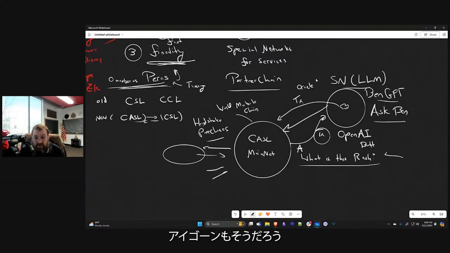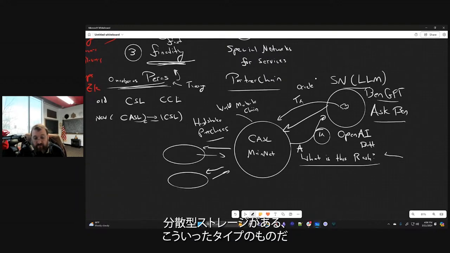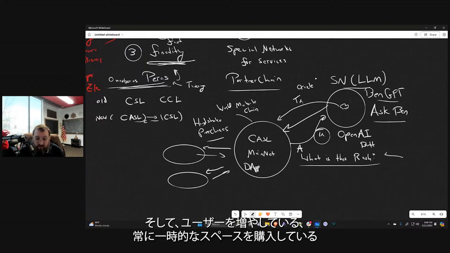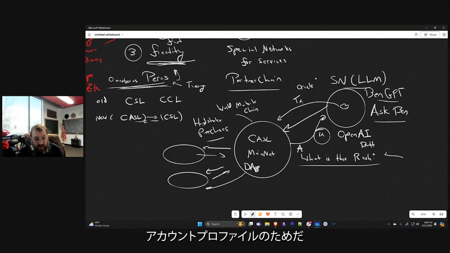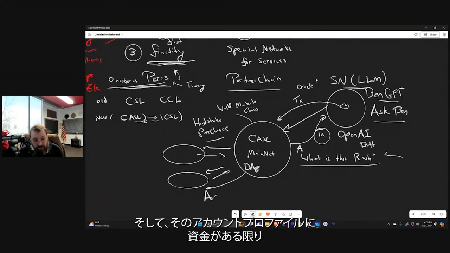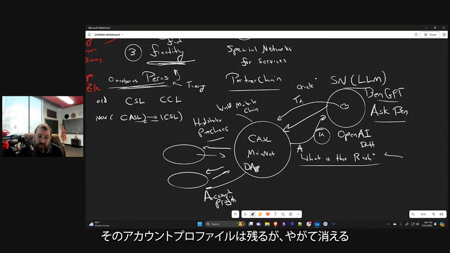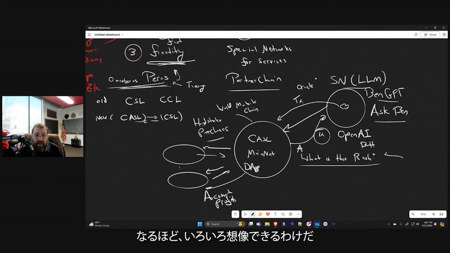And we imagine Iagon is another, you have decentralized storage, these types of things. You have all these dApps that live here, and the dApps have elastic consumption of resources. And maybe as they gain users, they're constantly buying temporary space for the account profiles. And as long as those account profiles are funded, they'll stay, but then they go away. Okay, so you can imagine all these things.